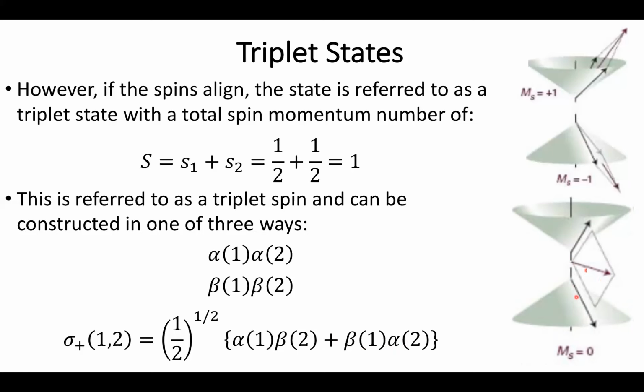And so while I have no net spin pointed up or down, so my m sub s is going to be 0, the spins still do add together, just entirely in the XY plane. So it turns out that this is a case where I can still get a total spin angular momentum quantum number of 1.